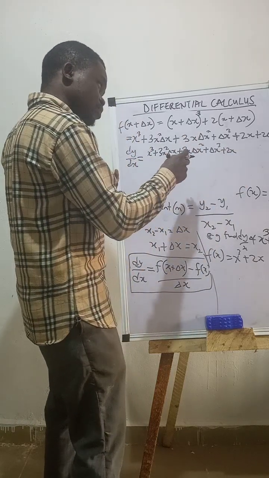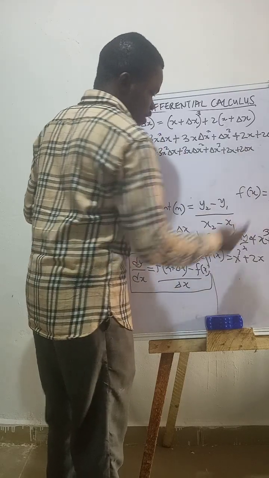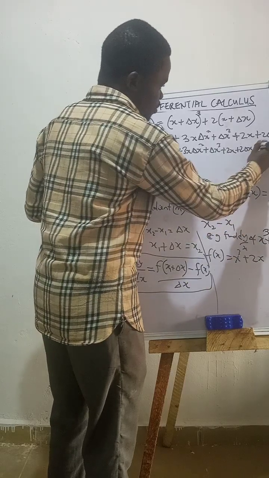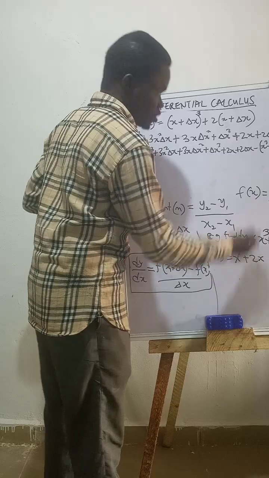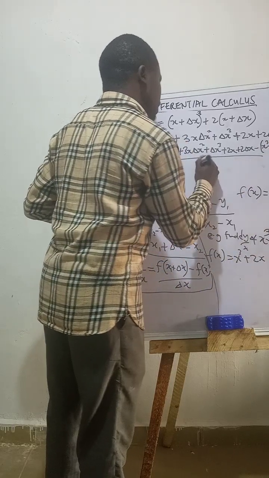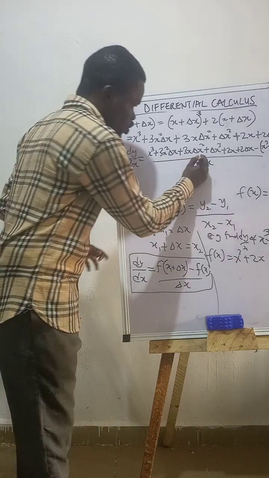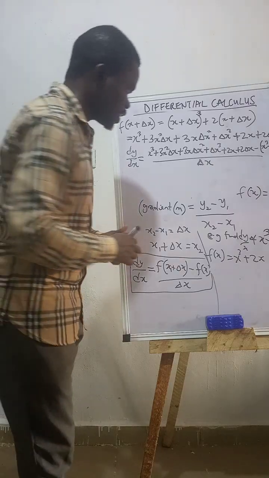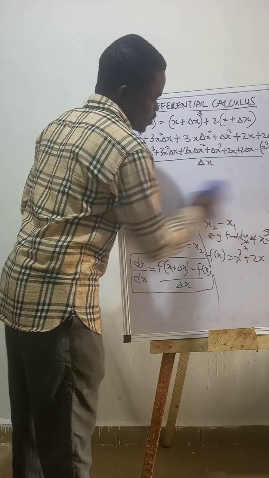There's nothing to add right now, so we just leave 0 plus 2 changing x, then minus f(x), which is minus open bracket x³ minus 2x, close the bracket, all over changing x. So this is what we have there, right? This is triangle change. It's easy for triangle to say change in x.